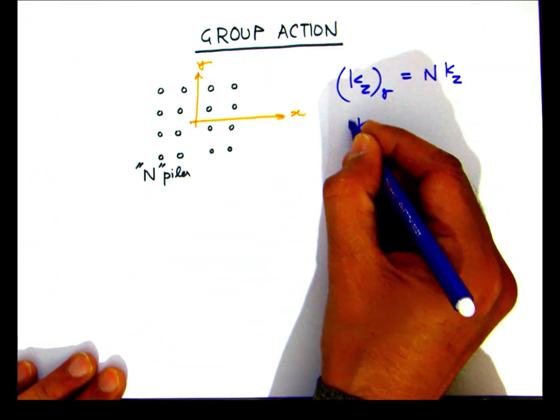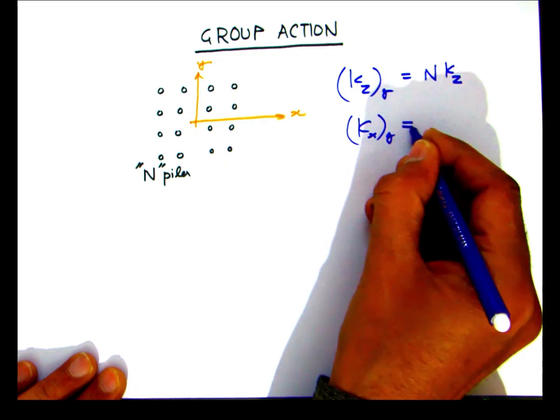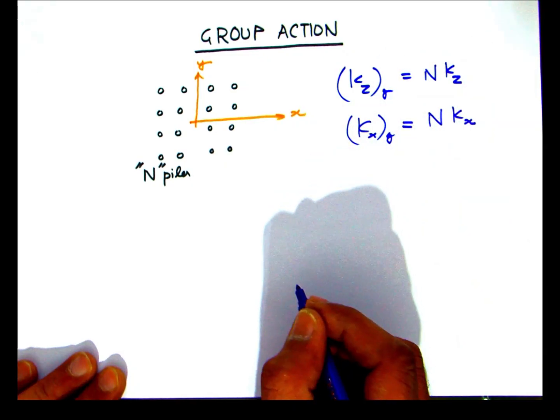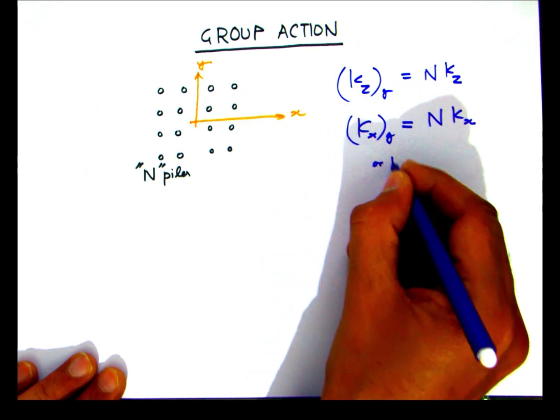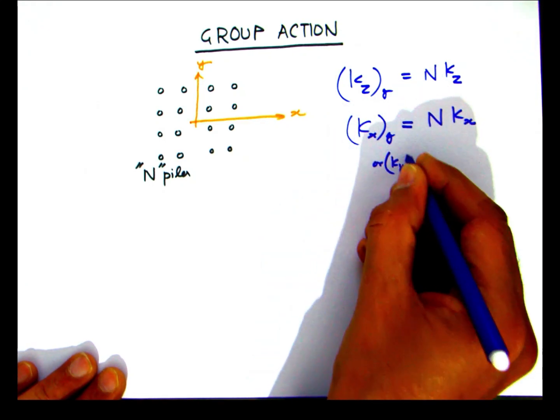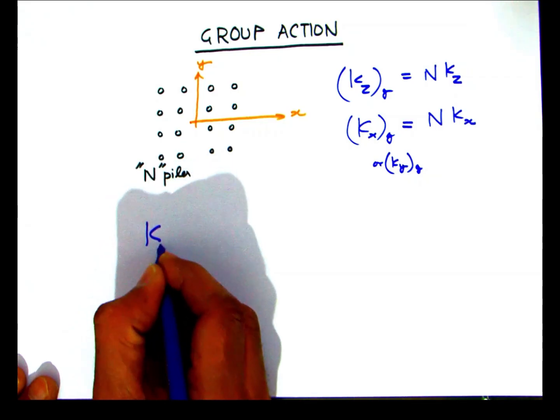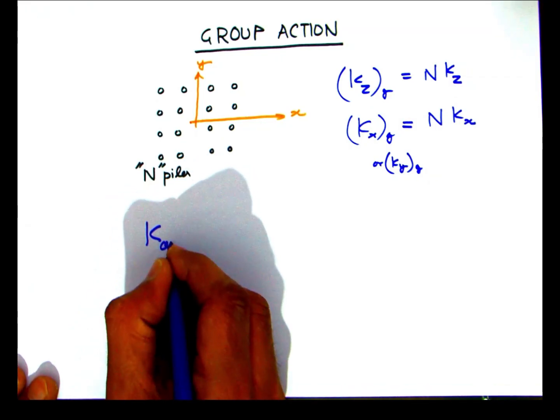In the same manner, for the stiffness in the horizontal direction, Kx of the group will be n times Kx of the individual pile, and the same analogy holds for the stiffness in the other direction, Ky. Usually, the pile being circular in shape, the stiffnesses are the same.